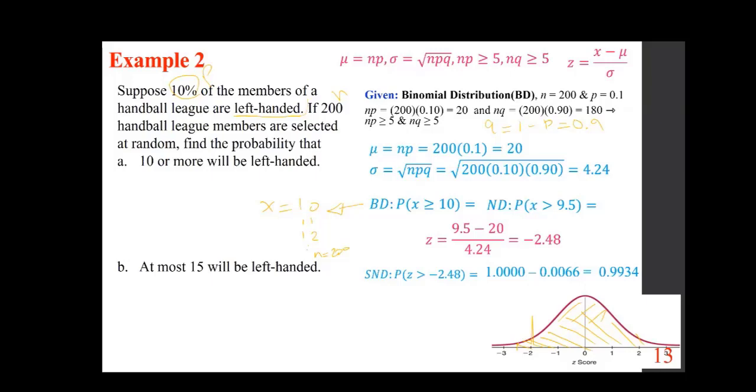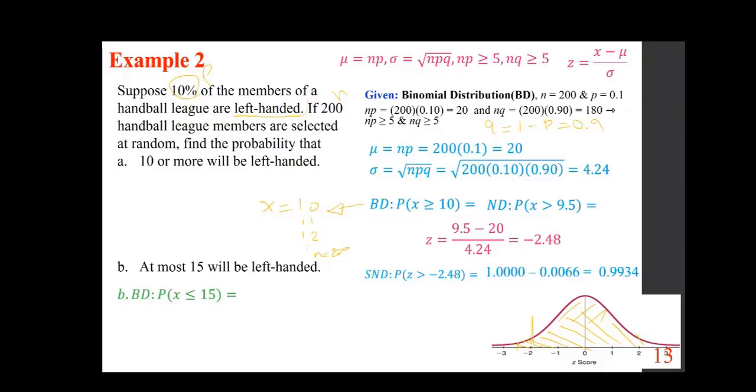Now, the next one says at most 15. So first, let's write the concept of at most 15 when it comes to binomial distribution. So this is what we are dealing with, at most. Whenever we are dealing with less than or equal, whatever, then we just add or subtract 0.5.